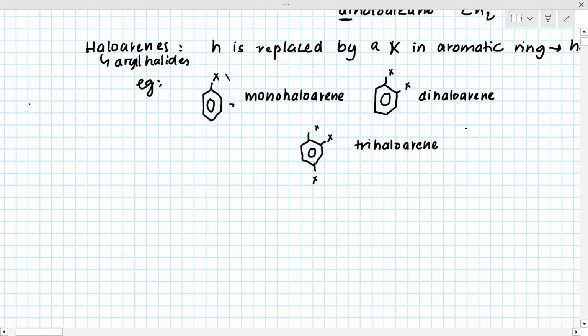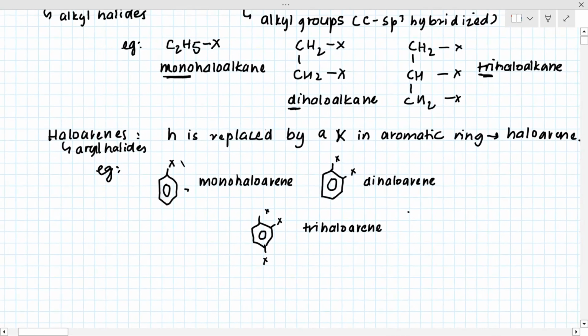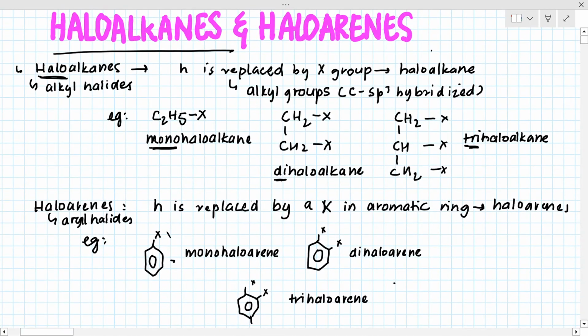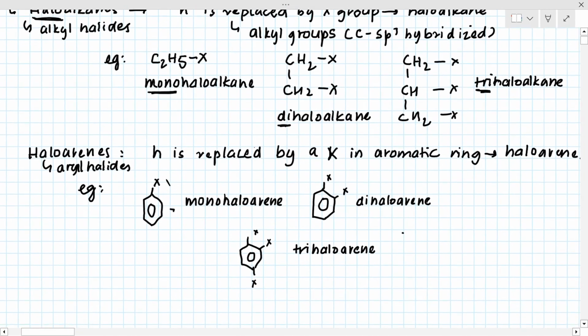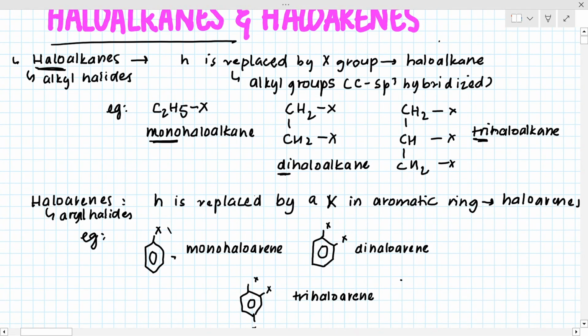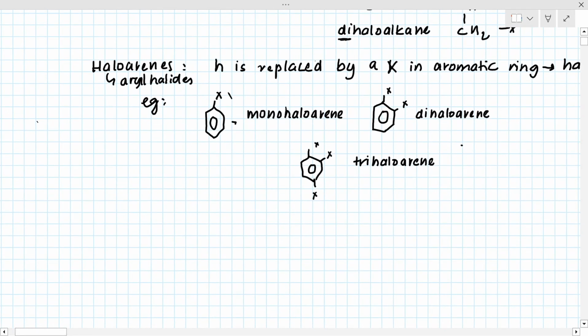Next, this is also a classification. There are three types of haloalkanes and haloarenes based on the number of X: mono, di, and tri, in both.